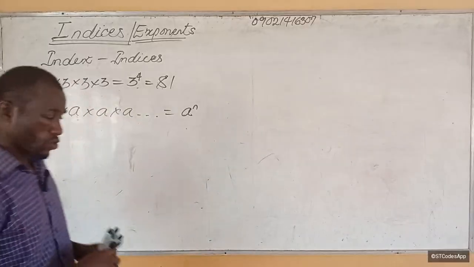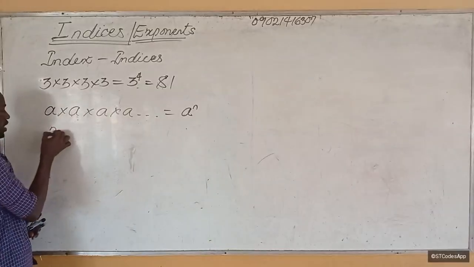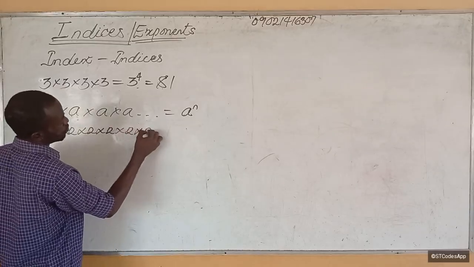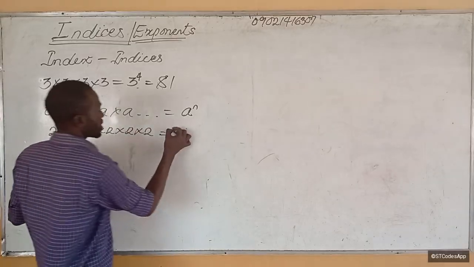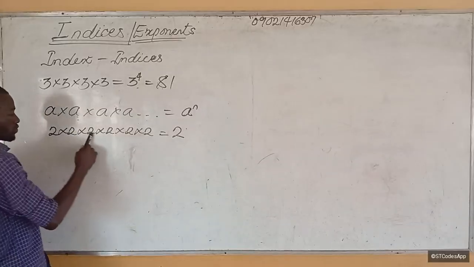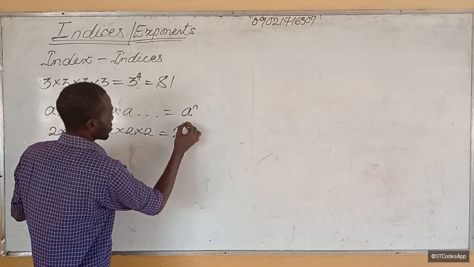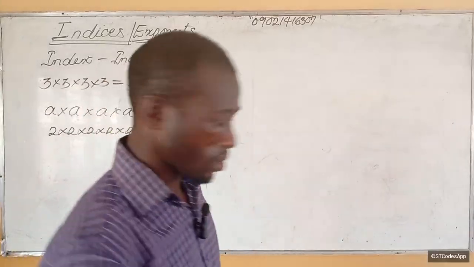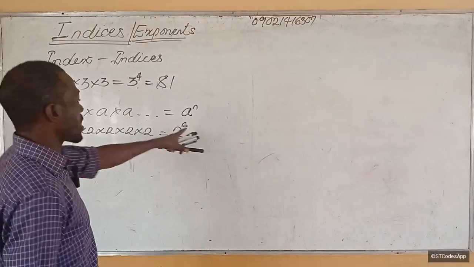Is that clear? So that if I have 2 times 2 times 2 times 2 times 2 times 2, it will be represented as 2 raised to power 1, 2, 3, 4, 5, 6. 6 raised to power 6, and that is 64. All right, so this is the index form.